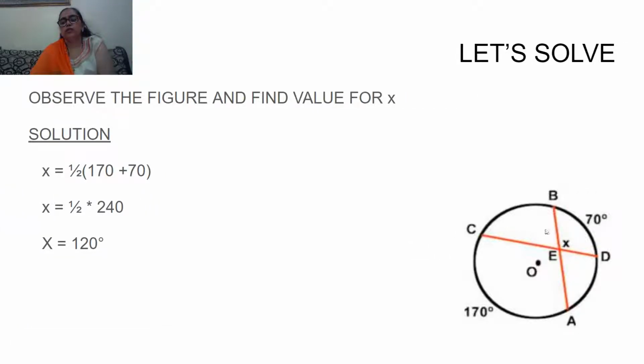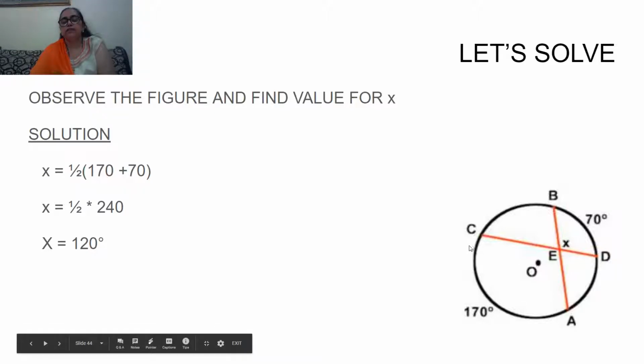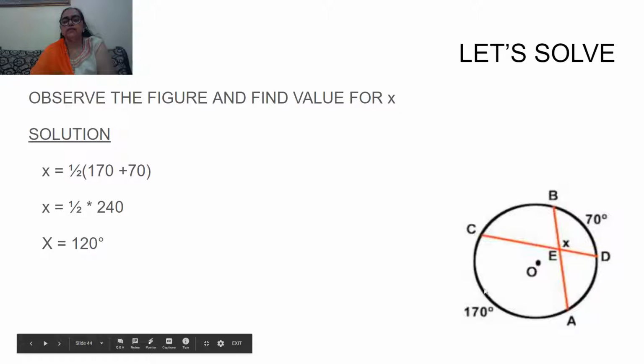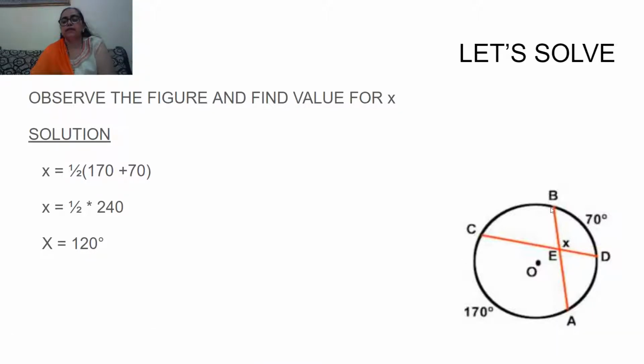Here you have two chords AB and CD which intersect at point E. The arcs intercepted by them, BD is 70 and AC is 170. You have to find the value of x, that is angle BED.